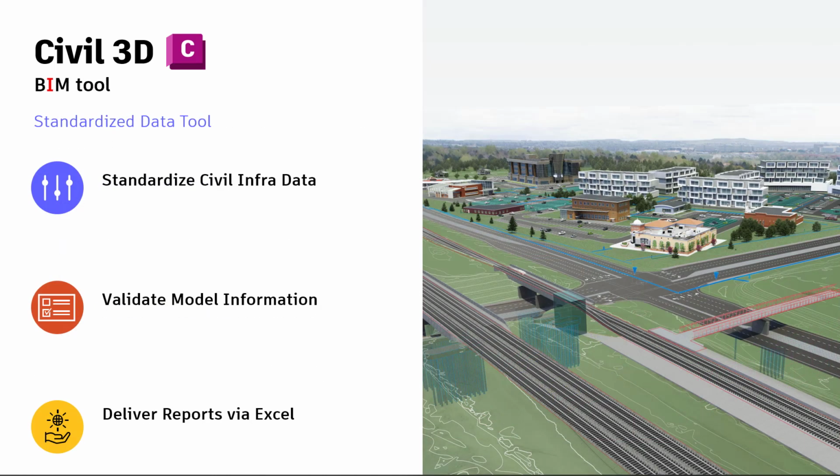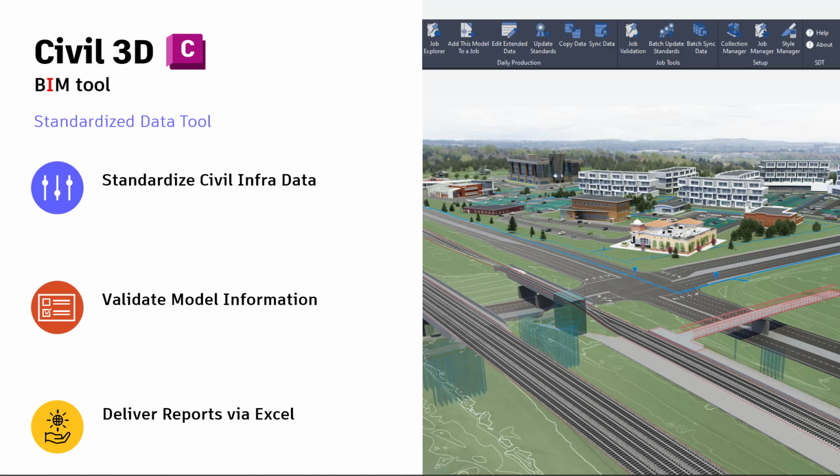Then, building information modeling is not only about 3D model creation. Very important is the I in the acronym, which stands for information. The Standardized Data tool helps you to manage the data easily. There are three components. Standardization helps you to ensure that the data in your models meets required standards.